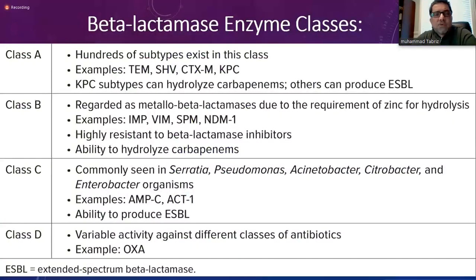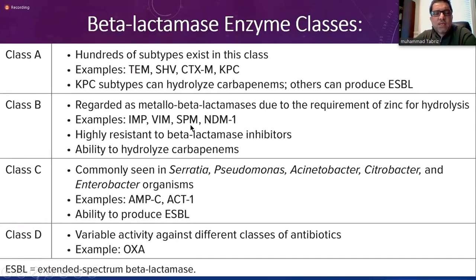So these are the classifications of the beta-lactamase enzymes. Just know that because we're going to use this model down the line too. There are 4 different classes of beta-lactamase enzymes: class A, B, C, and D. A is primarily the extended spectrum beta-lactamase that we talked about. B is primarily your carbapenemase-producing organisms.